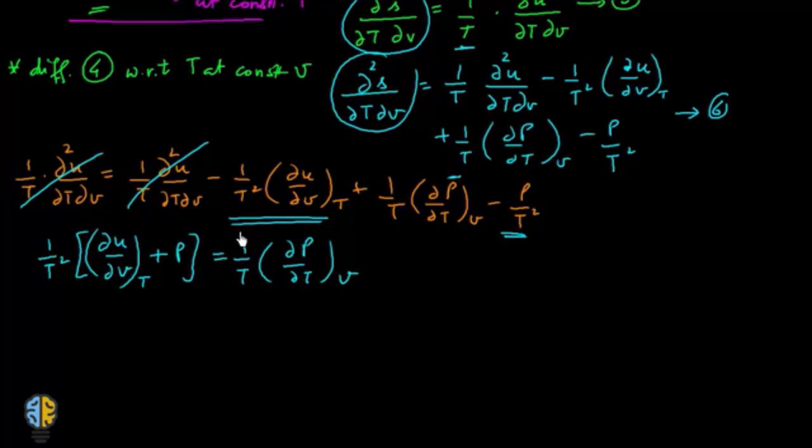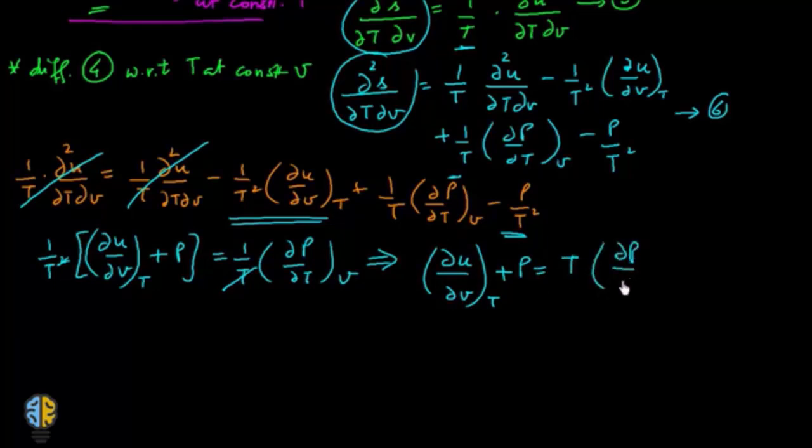Alright, now I can do one thing. I can strike off this T and this square value, and this equation will then reduce to ∂U/∂V at constant temperature plus P is equal to, this T would now go up on the other side of the equal to sign, T into ∂P/∂T at constant volume.